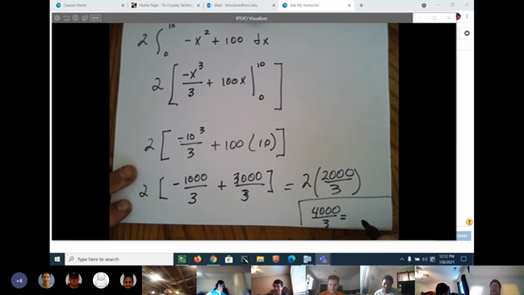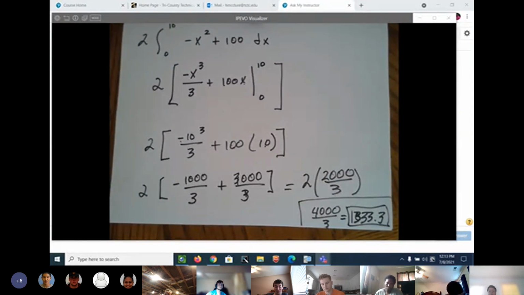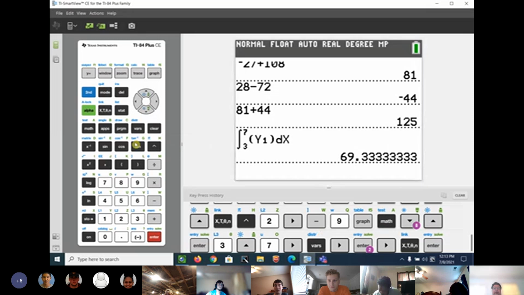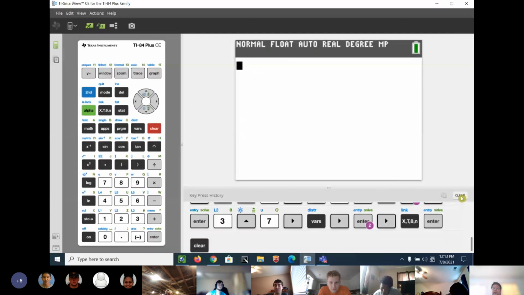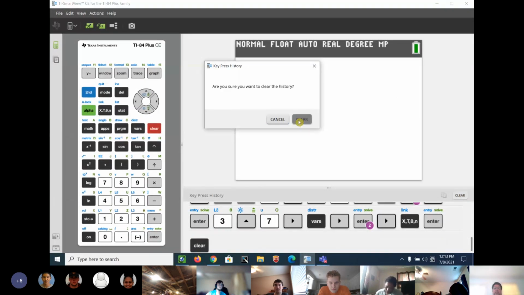4,000 divided by 3 is 1,333.3. Now let's check our handy dandy calculator, since I'm introducing the calculator into the fold. Here we go. Clear, clear, clear.